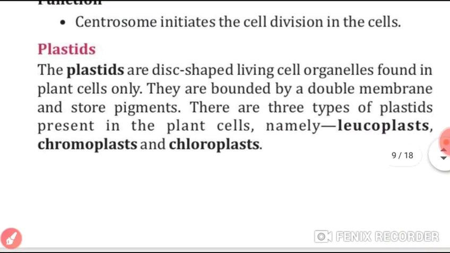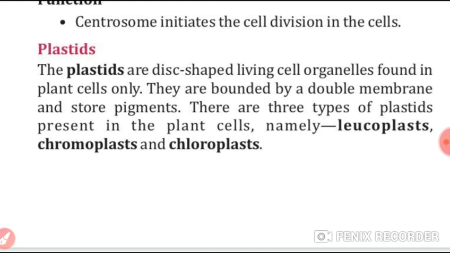Now, students, we will talk about the plastids. Students, plastids are disc shaped, okay, living cell organelles, and they are found in whom? Plant cells. Okay, they are bounded by double membrane and they have some pigments.